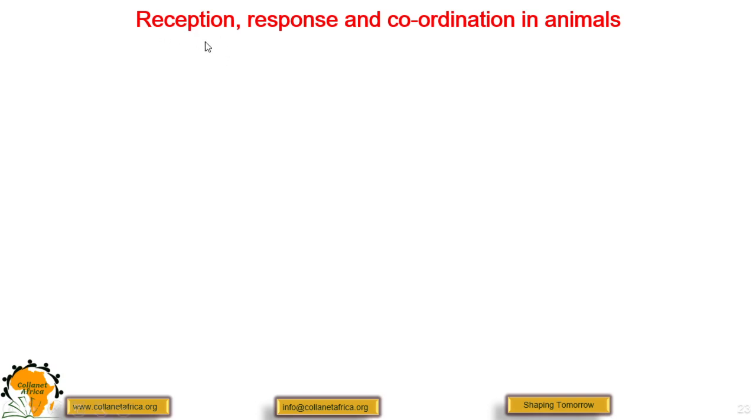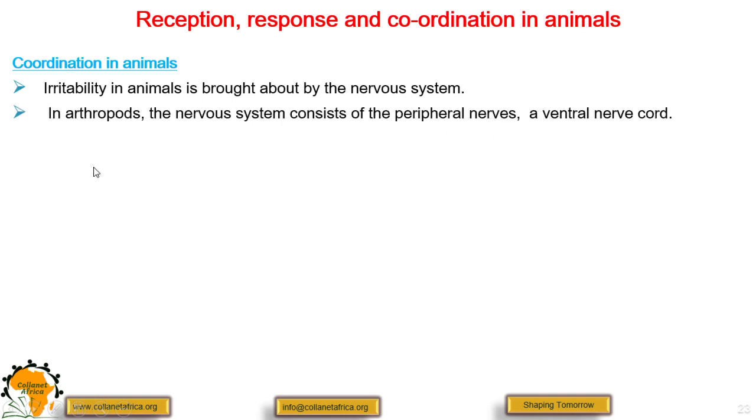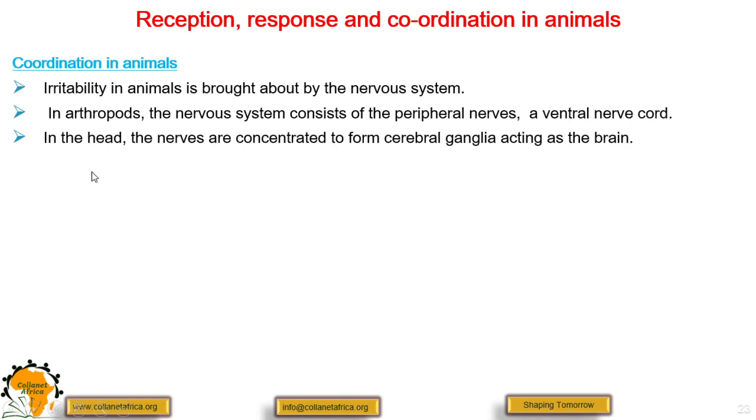Learners, since previously we have been looking at reception, response, and coordination in plants, today we want to look at the same in animals. Irritability in animals is brought about by the nervous system. In arthropods or insects, the nervous system consists of the peripheral nerves, which is a ventral cord.